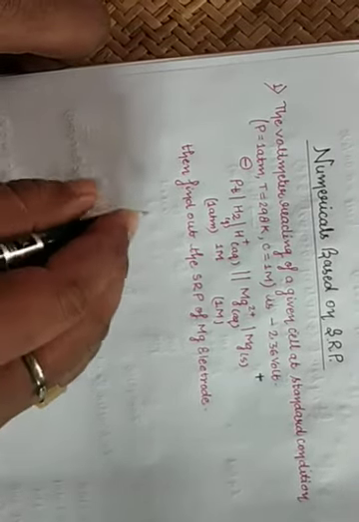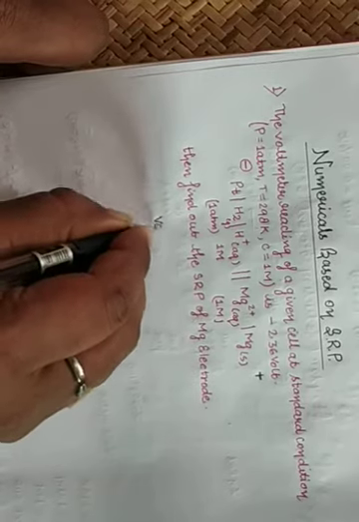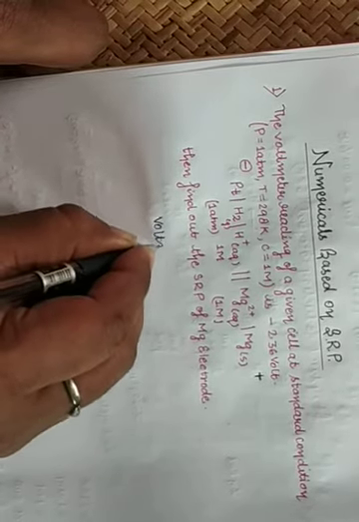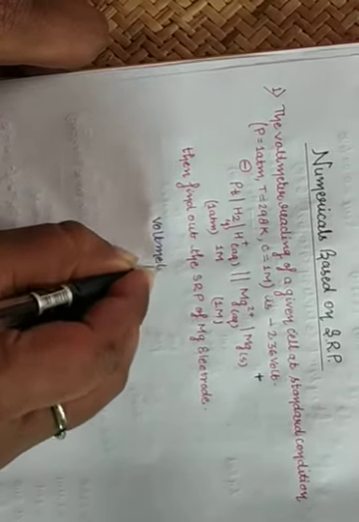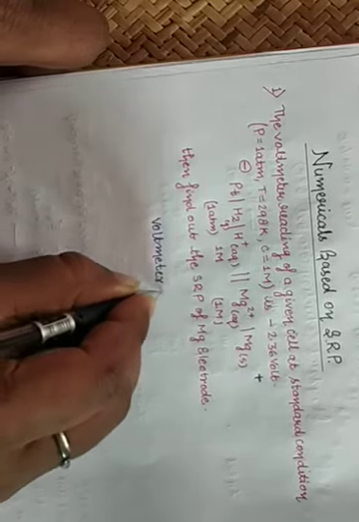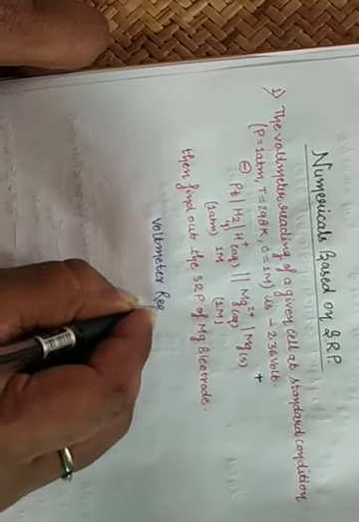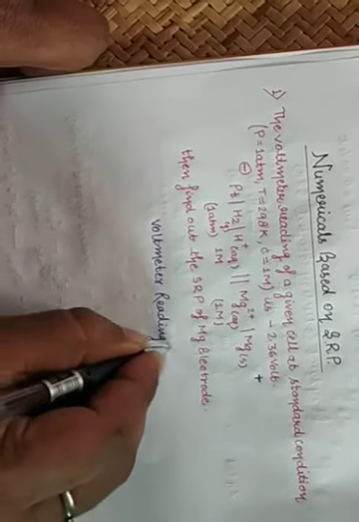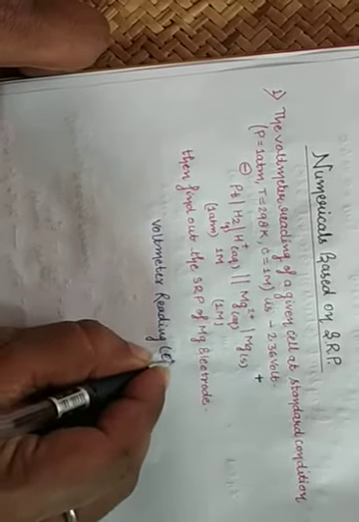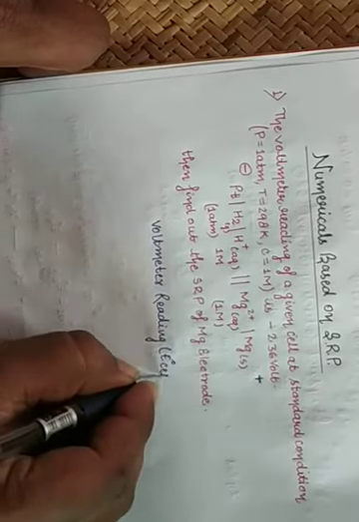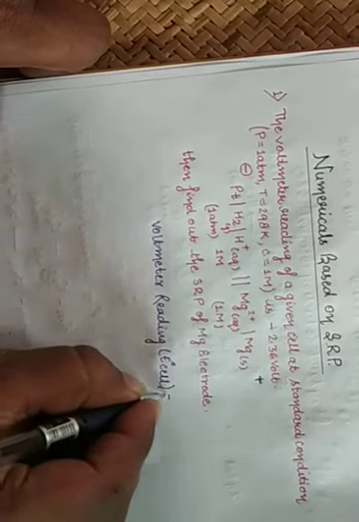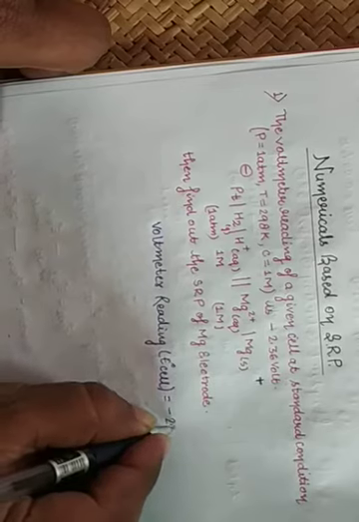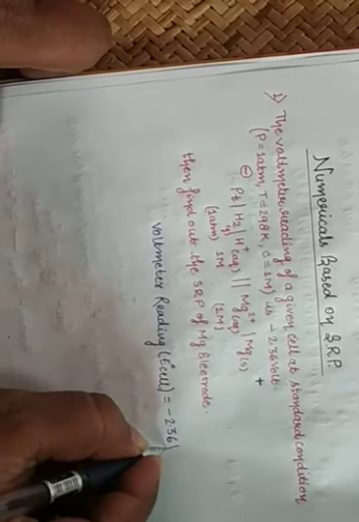So voltmeter reading, and voltmeter reading is also known as what? E naught cell. E naught cell is what? Minus 2.36 volt.